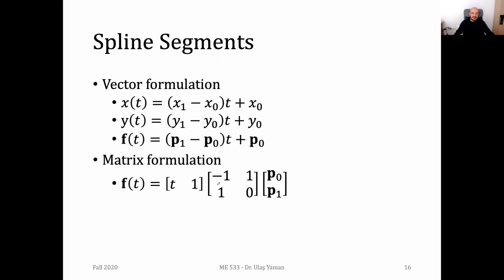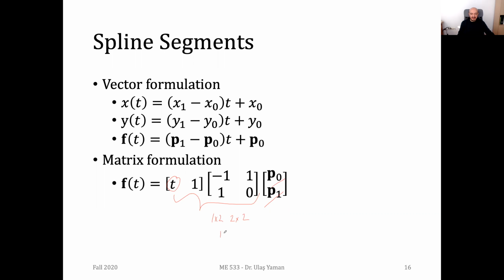Here you see, for instance, we have the control points. These are control points, and we want to use them as a variable. And this is just some, let's say, equations, some polynomials depending on the parameter t. So this is a 1x2 matrix. The other one is 2x2.